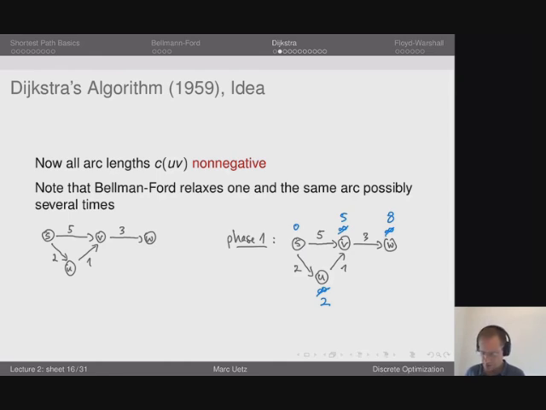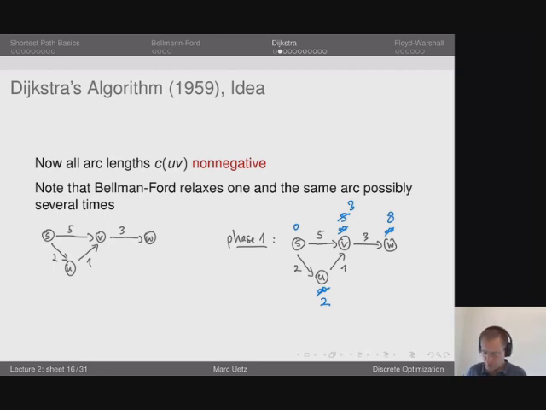And then we process the edge from U to V, and that actually means that this label gets updated to 3. So notice that we have processed or relaxed all the edges exactly once in this first phase, but nevertheless, as you already see here, there is another update step possible along the edge from V to W.